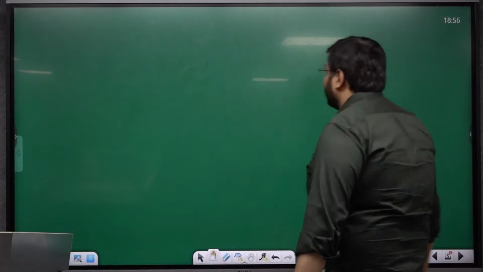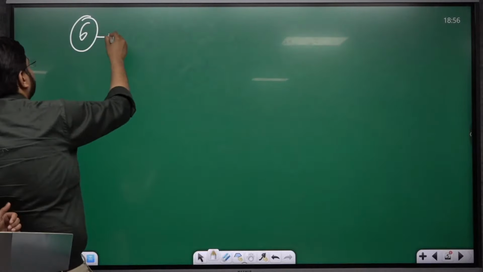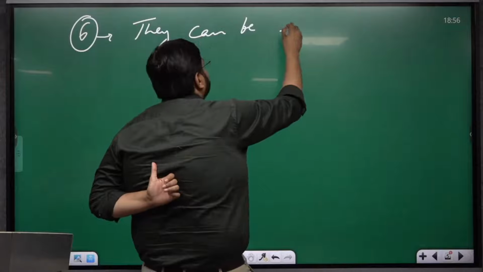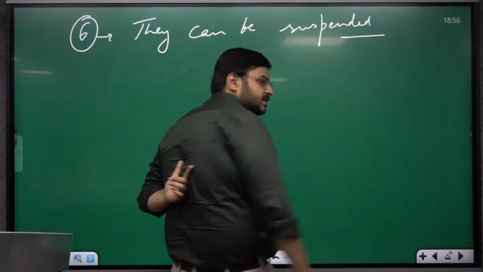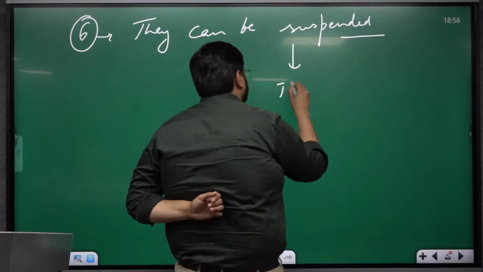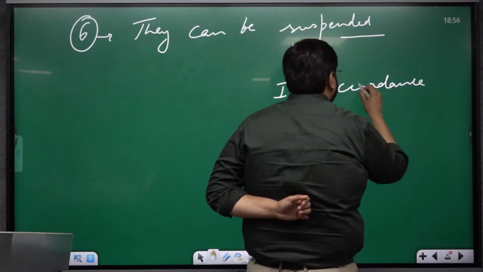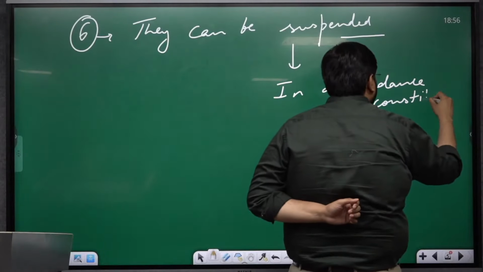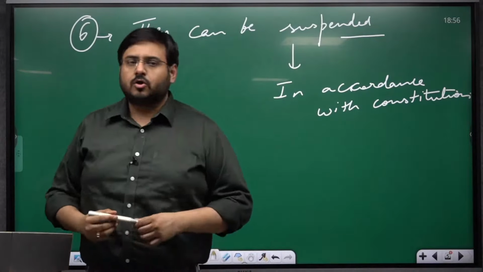Now you know that they are not absolute, they are qualified. They can be suspended. How can they be suspended? In accordance with Constitution.